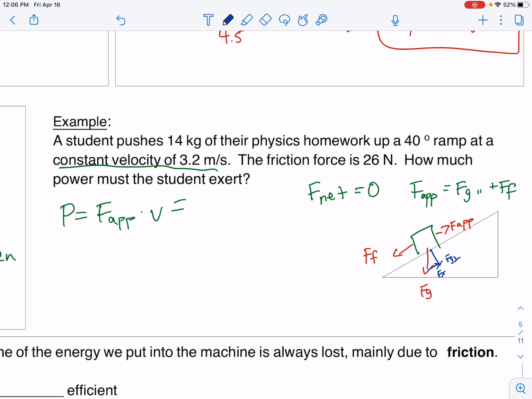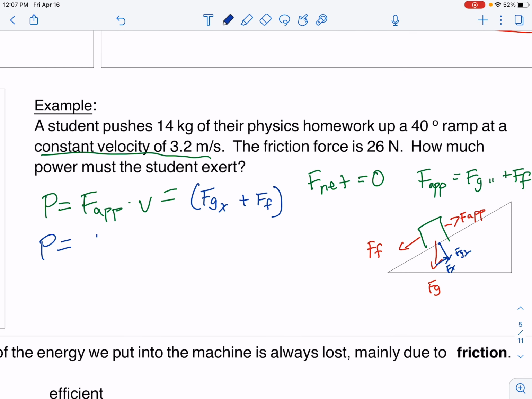So anyways, what we end up with here is our x component of gravity plus force of friction.